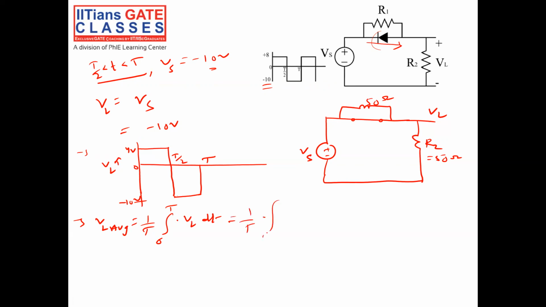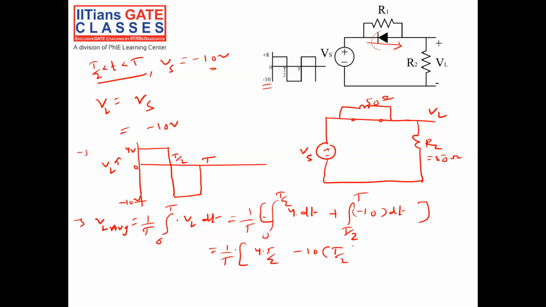So it is equal to 1 by T, integration of 0 to T by 2 of 4 dt, plus T by 2 to T of minus 10 dt. That is 1 by T into 4 into T by 2, minus 10 into T minus T by 2, which is T by 2 only.